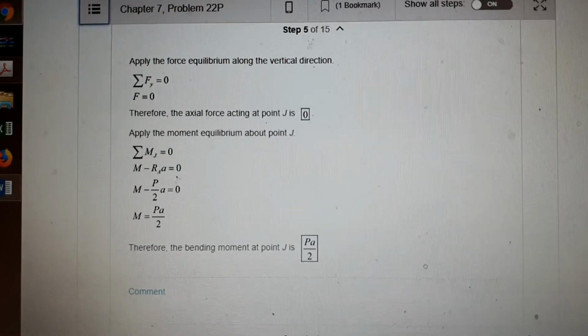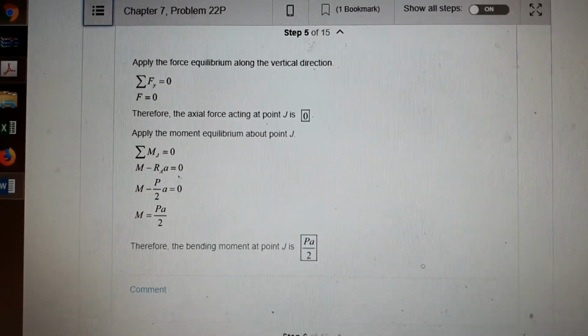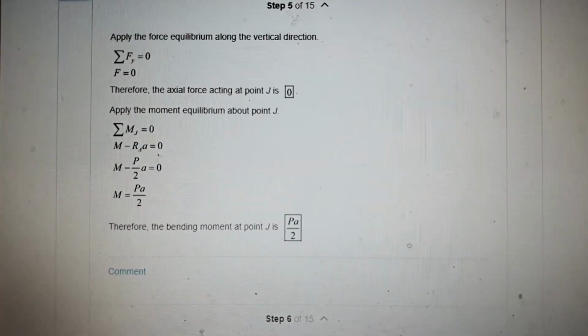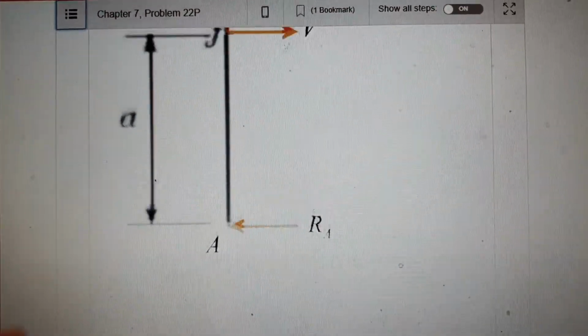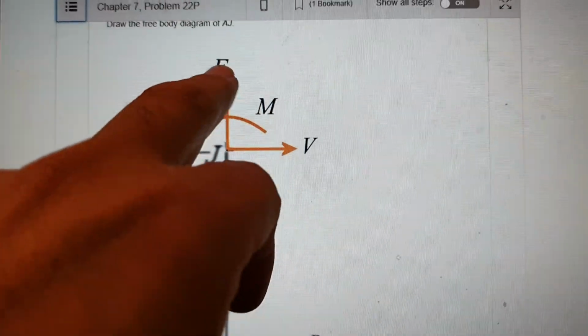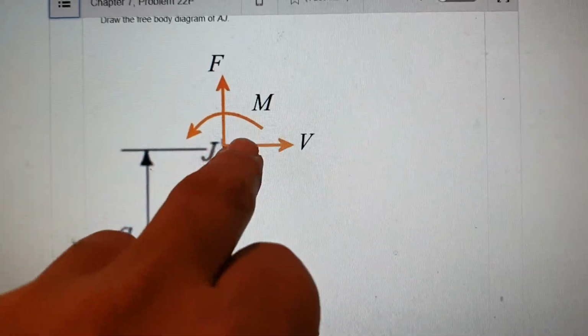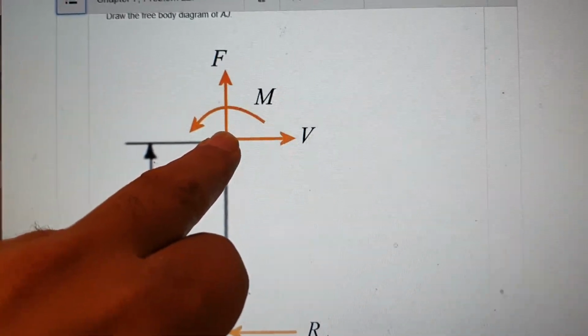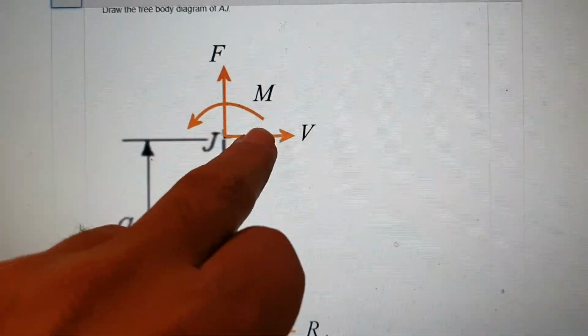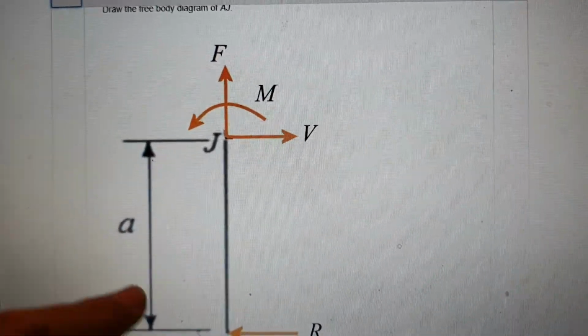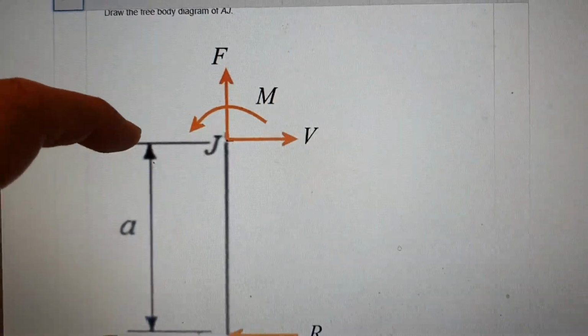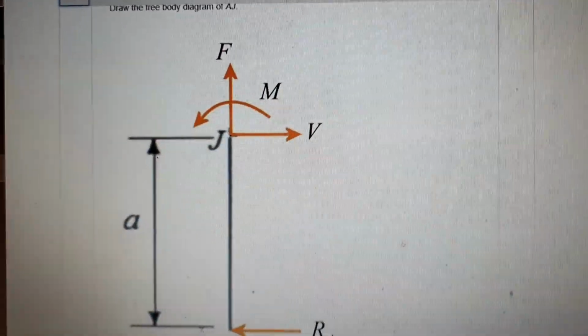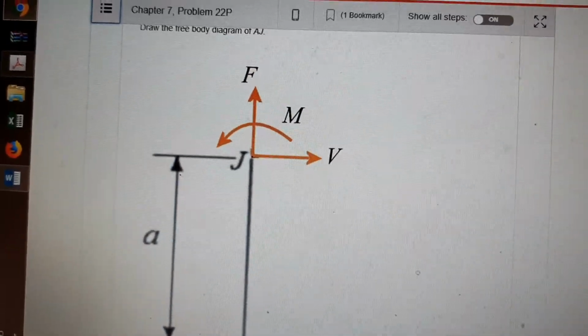So let's find the moment at G. We found V, we found F, let's find this moment. How could you find this moment? By taking moment at this point, this is cancelled, and RA is going to be negative times A, and then this moment has to be taken into consideration.